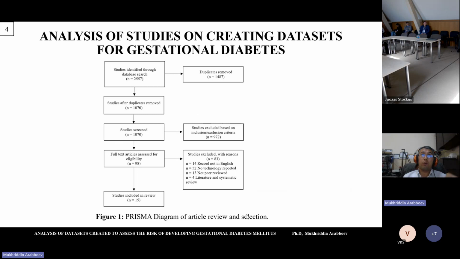In preparation for this review paper between January and February 2024, Google Scholar, PubMed, Science Direct, and IEEE Xplore databases were searched for articles with keywords gestational diabetes mellitus, dataset, and artificial intelligence. Overall, 2,557 articles were found as a result of the search, of which 15 papers met specific inclusion criteria.